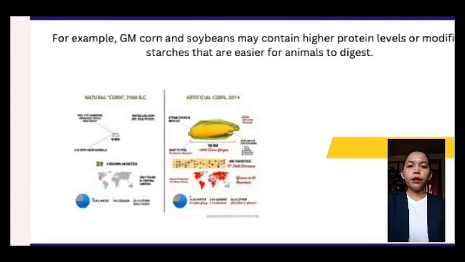For example, GM crops such as soybeans may contain higher protein levels or modified starches that are easier for animals to digest, allowing animals to absorb nutrients more efficiently, grow healthier, and produce better meat, milk, or eggs.